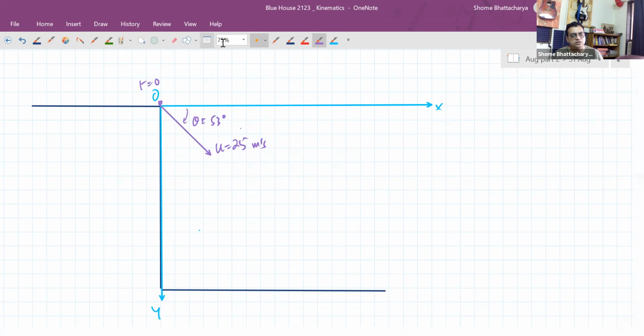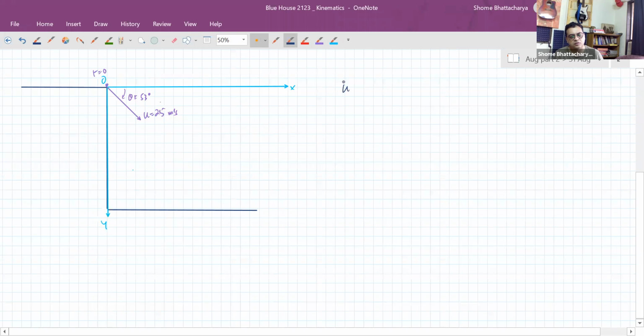So that initial velocity in component form I will now write as u cos theta i cap plus u sin theta j cap. Why plus? Because I've taken the y-axis downward. So this is the downward component. Okay. So you can see that the x component, which is u cos theta, will be 15 meters per second, and it's in this sort of direction. And the y component, which is u sin theta, will be 20 meters per second, and that's in this sort of direction.